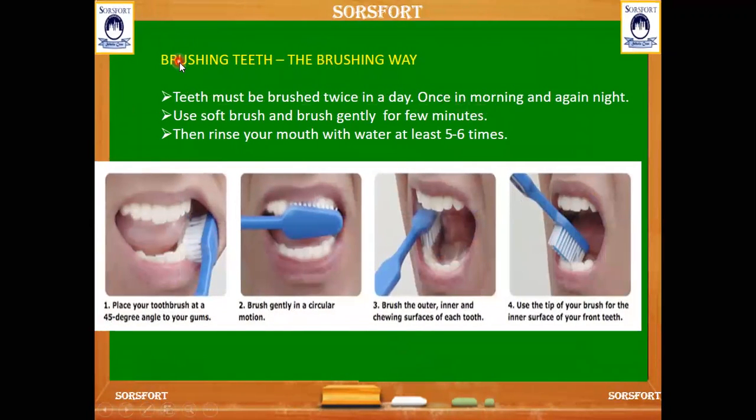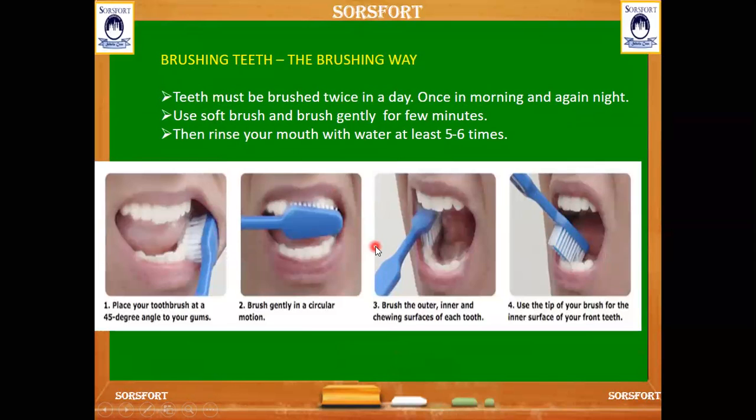And here comes the process of how to keep our teeth healthy through brushing, meaning the right way of brushing teeth. We must brush our teeth twice a day, once in the morning and again at night after our meals.